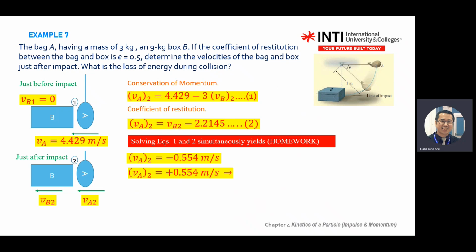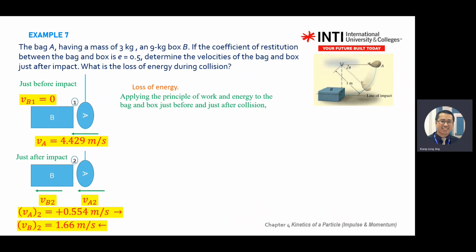You need to tell where object A is moving after the impact. In this case, you get negative, meaning A will bounce back to the other side of B with the speed of 0.5. Then B is positive, right? Positive means moving to the right.